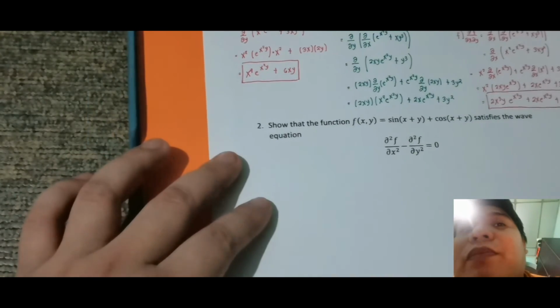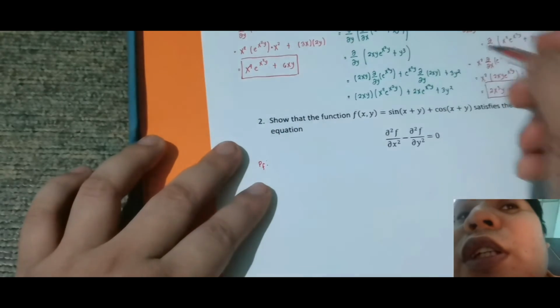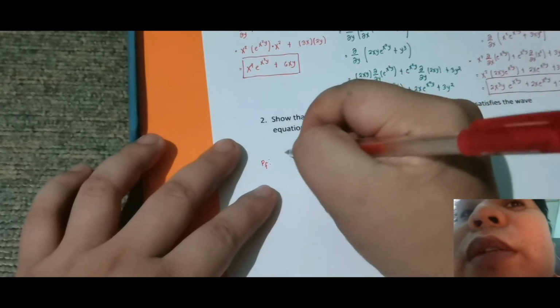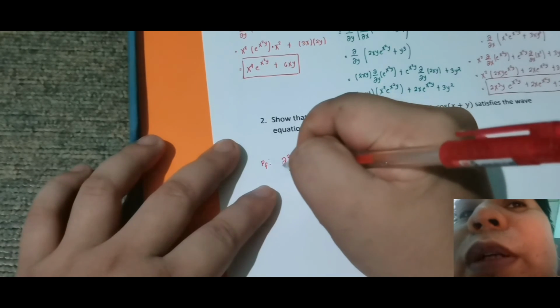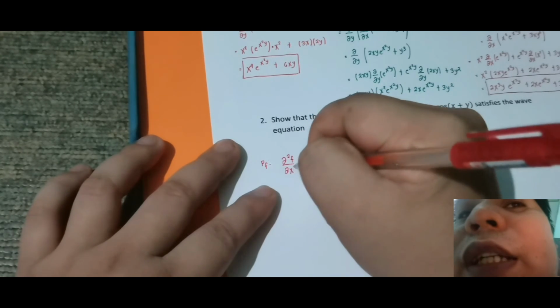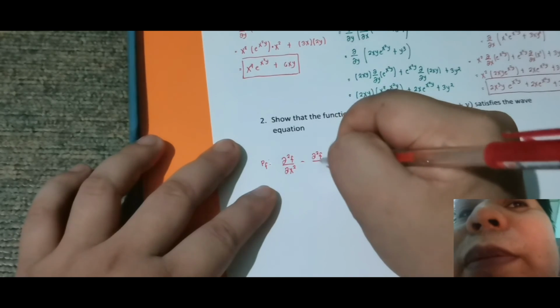Okay, so for the proof niya, consider natin si partial derivative, second partial derivative of f with respect sa x squared minus second partial derivative of f with respect sa y squared.